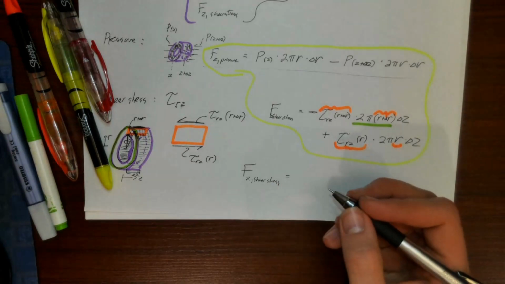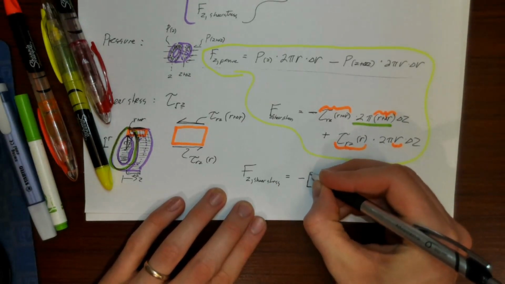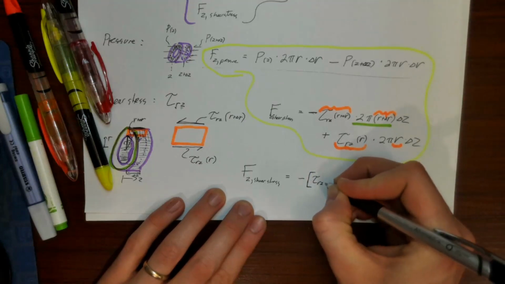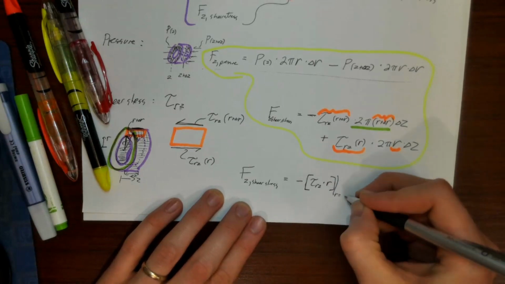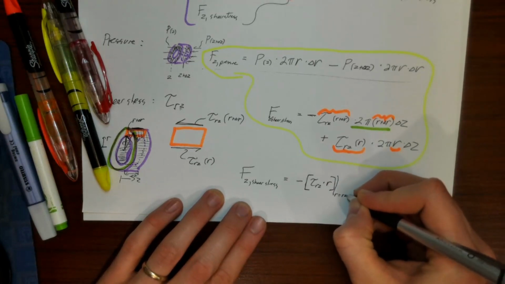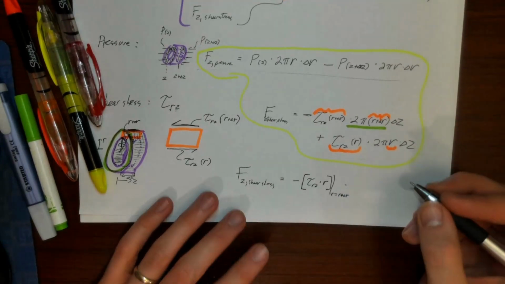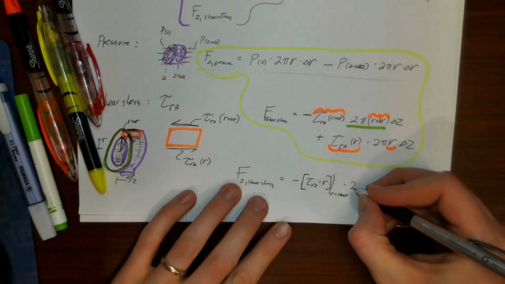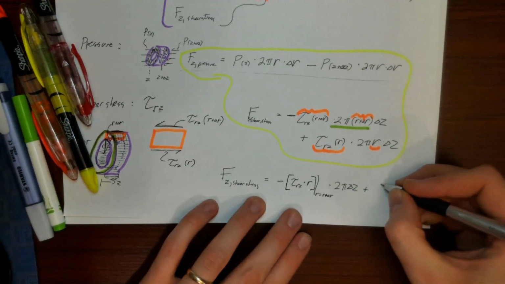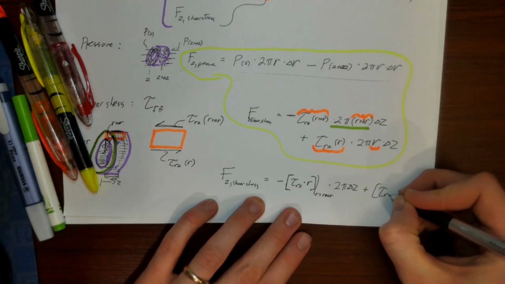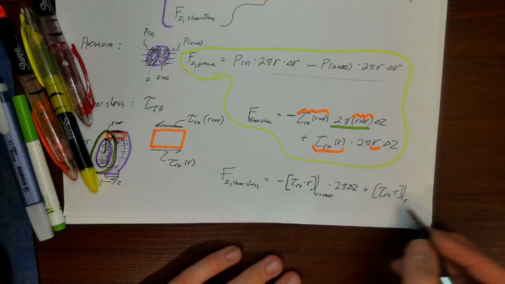So what is that going to look like? I'm going to call it minus the unit tau rz times r evaluated at r equals r plus delta r times 2 pi delta z, plus the unit tau rz times r just evaluated at r.